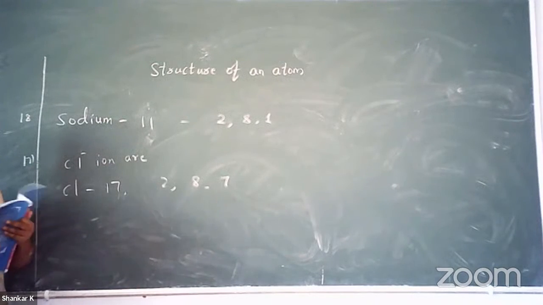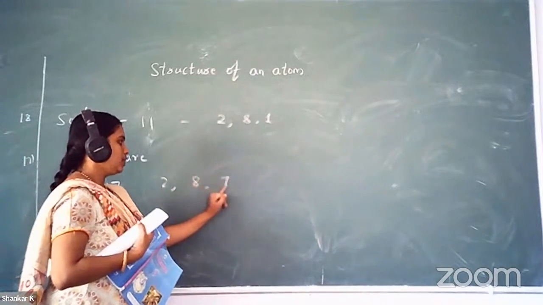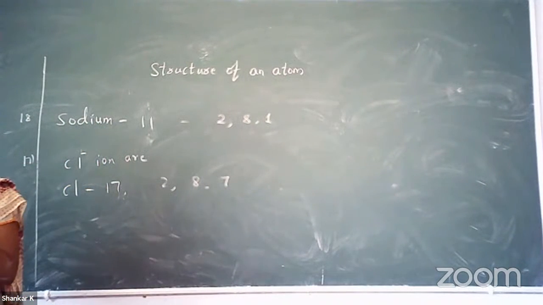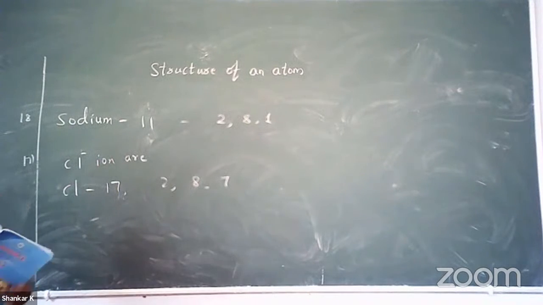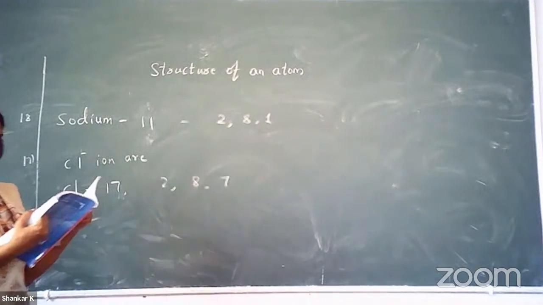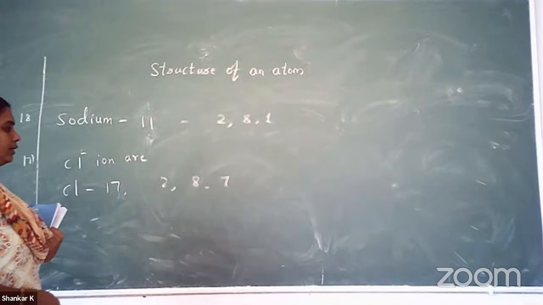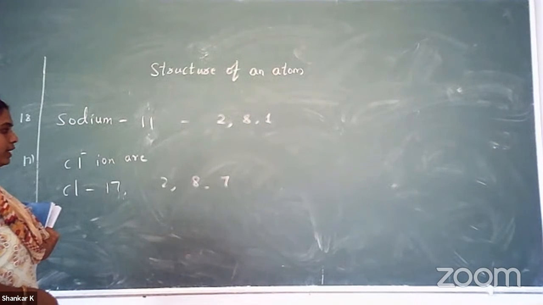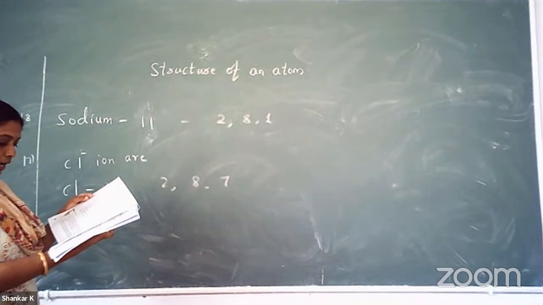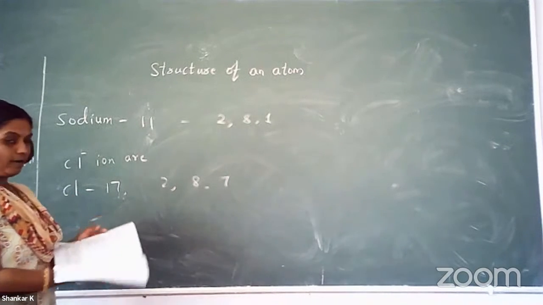Chlorine electronic configuration is 2, 8, 7. And what is the valence electron? 1, ma'am. 8 minus 7, so its valence is 1. Okay, valence is 1. Here it is given chlorine ion.